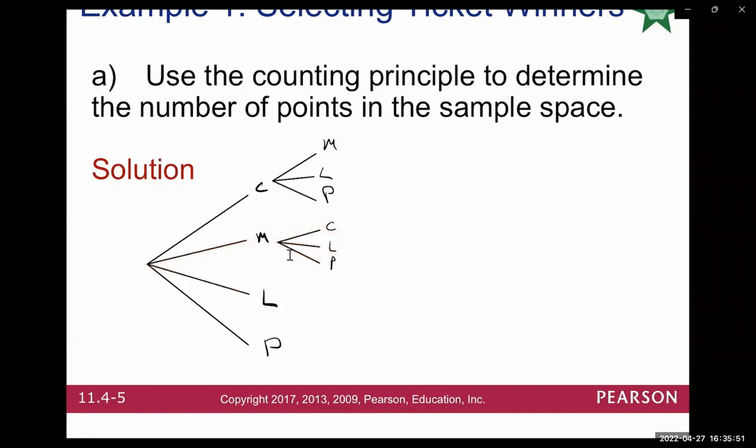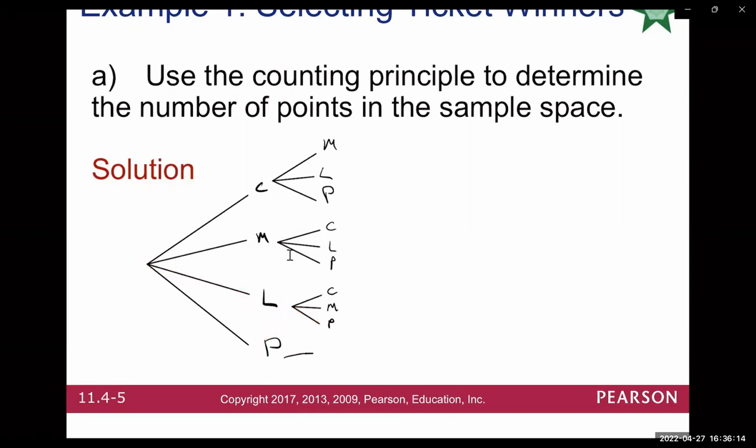All right, what if Larry gets selected first? Who can be selected second? If Larry gets selected first, then the second winner could be Christine, Mike, or Phyllis. And then the last one, what if Phyllis gets chosen first?